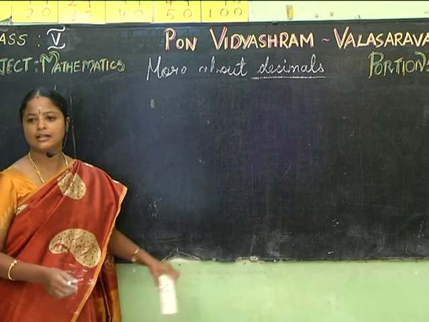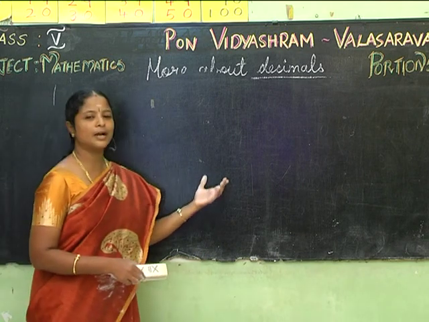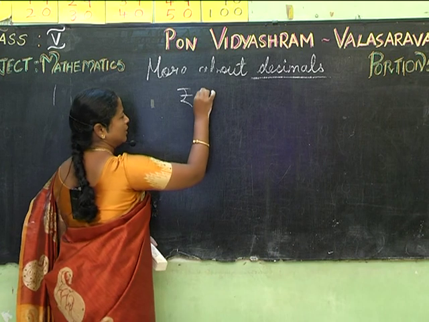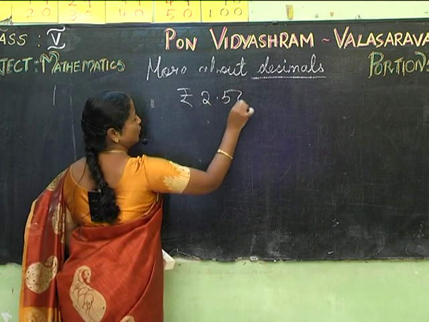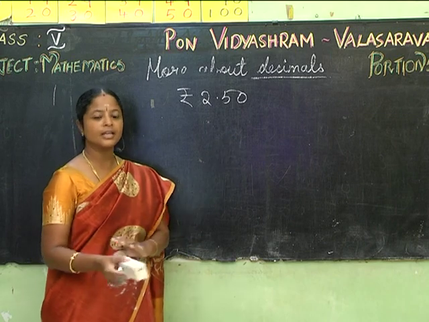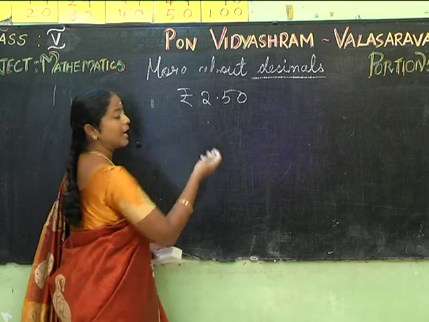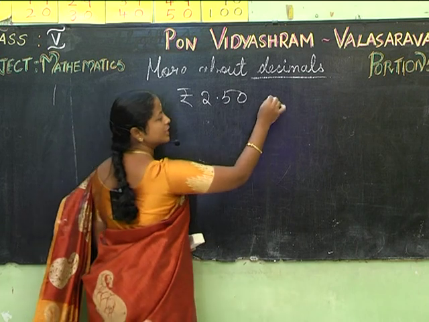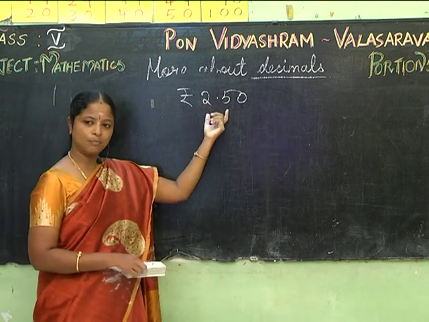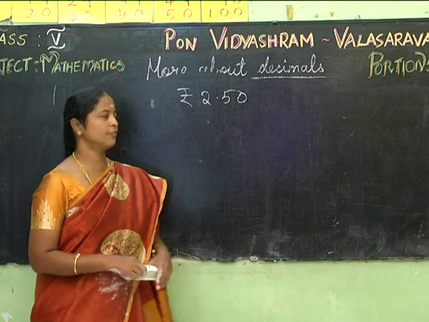I would like to tell a real life example. If I am going to buy a pencil which costs rupees 2.50, I am planning to buy a set of pencils for my friends also. So I have 6 friends. I'm going to buy for 6 friends. Now I have to multiply this cost of one pencil with 6 friends.